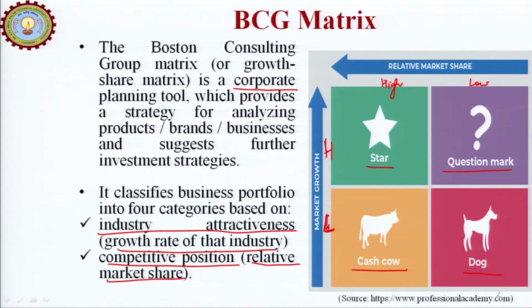So, in the case of star, both things are high. In question mark, market share is low, but the industry is growing at a very high rate. In cash cow, the market share is very high, but the rate of growth of the industry is not very attractive, and in case of dogs, both are low. So, we will take a closer look at all these.